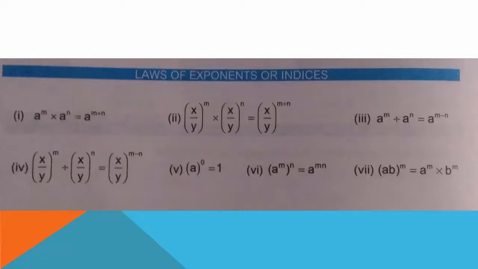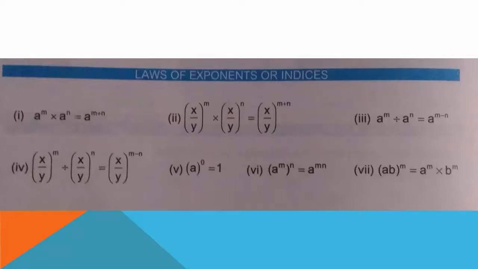Now if there is a division sign in the middle, look at formula number 3. It is almost similar to formula number 1, but the only difference is that there is a division sign in the middle. If there is a division sign, then the exponents get subtracted from each other. Now be careful when you subtract this.